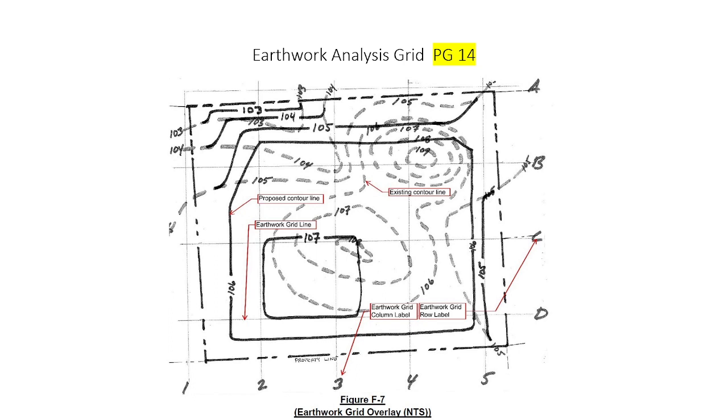That's interpolation. So now, we started out with the existing topography, and we put our proposed contours over our existing contours, and then we put a grid over that. It's composed of quadrants, which are defined by either like B4 or C4.